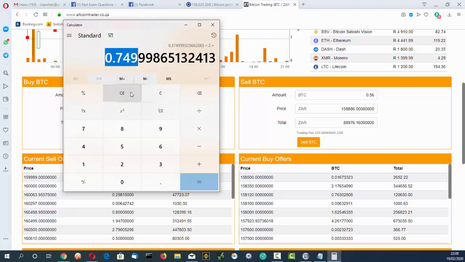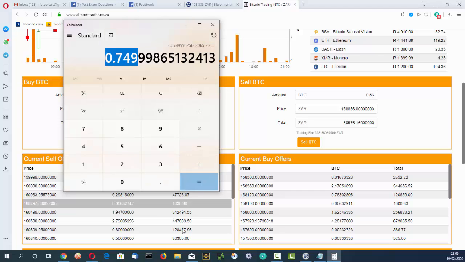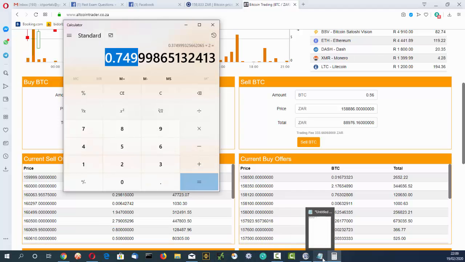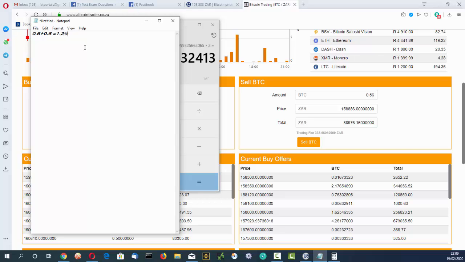Did you understand what I'm saying? They are charging you 0.75, approximately. So anytime you want to trade on this platform, AltcoinTrader, let's say you want to make 1% of your capital.